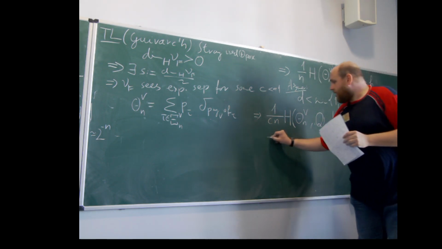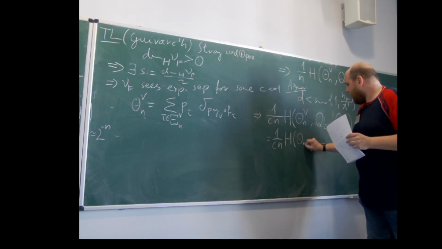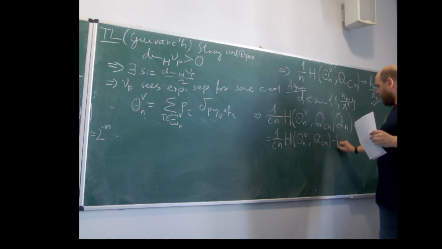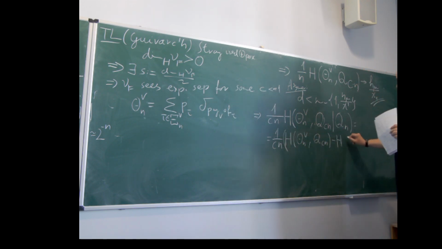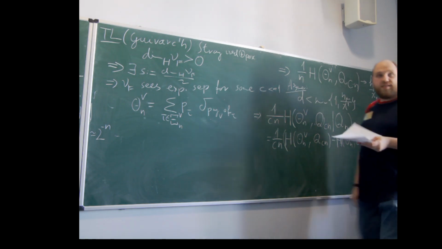This is just nothing else than the difference of these two entropies, which is positive. Right? At least it converges to the difference of these two guys, which is positive.